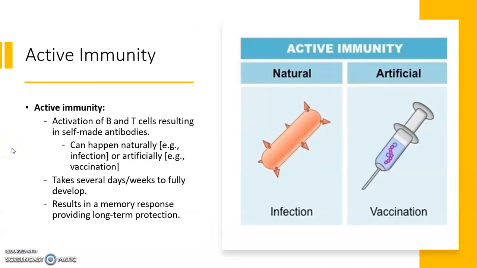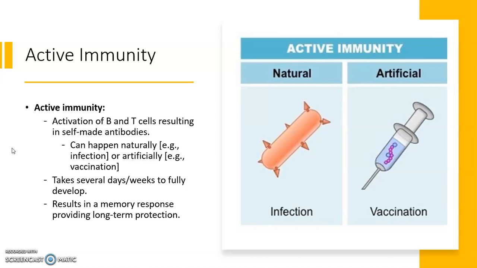So how does our adaptive immunity come about? It can come about in either an active manner or a passive manner. With active immunity, we are going to activate our own cell lines. So we are going to activate, in response to a pathogen, our own B cells and our own T cells.